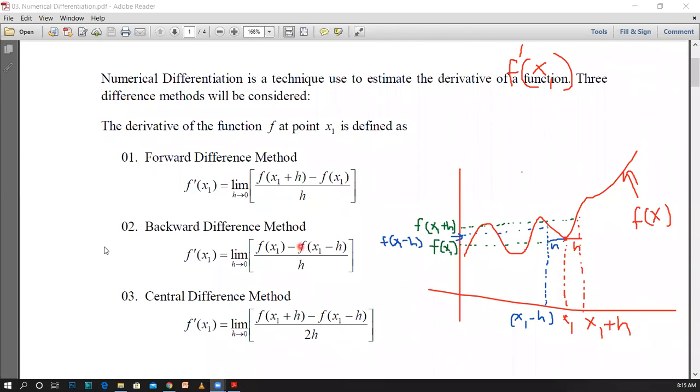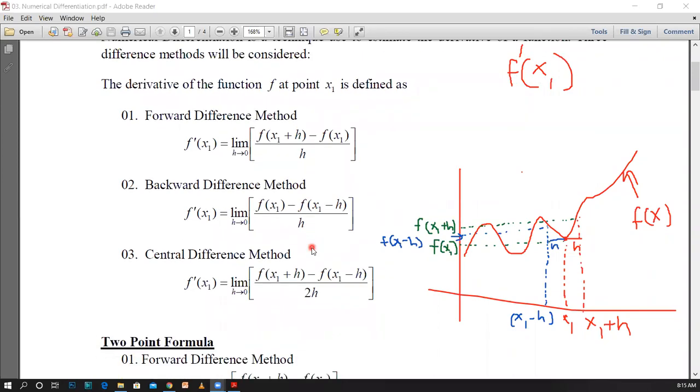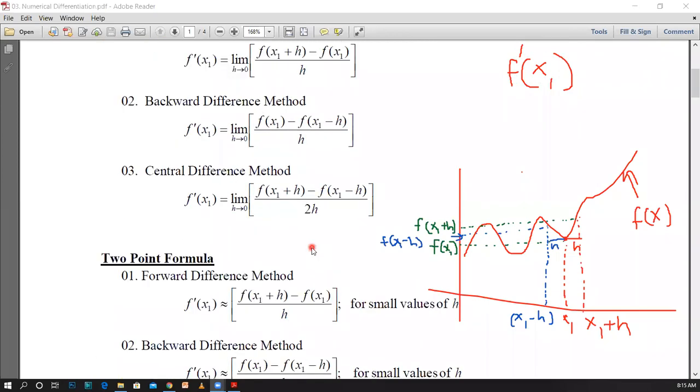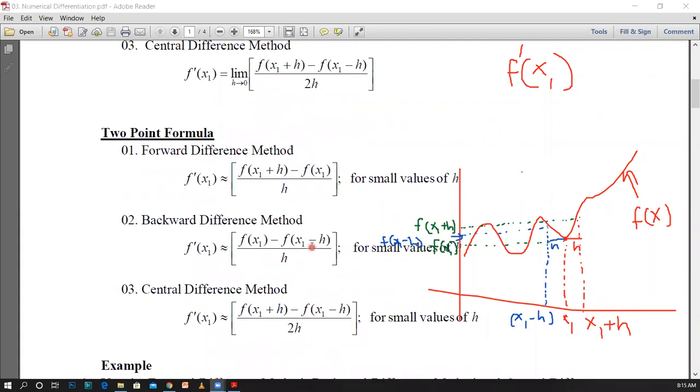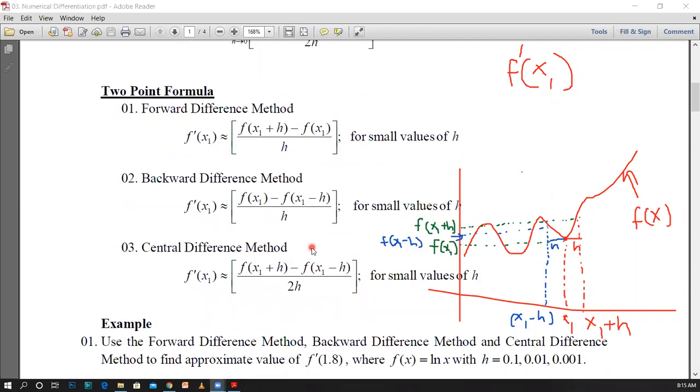Sticking to these concepts, now we can define the 2-point formula to obtain the derivative of the function at a given point x1. We say 2-point formula because we obtain the values based on 2 points.